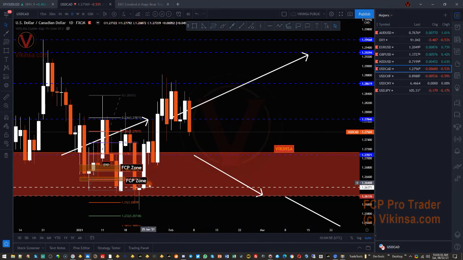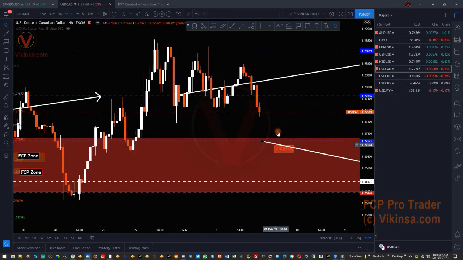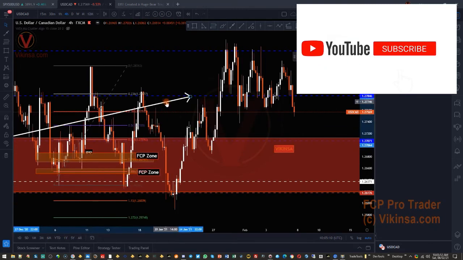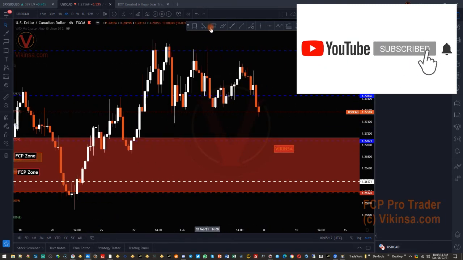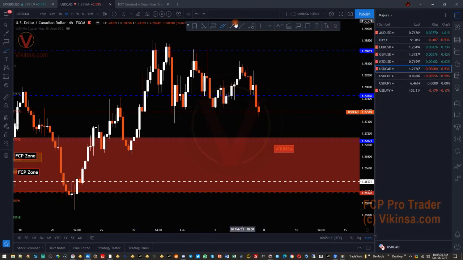Right now what we have is an M pattern forming. That means the market is expected to fall here if it goes through some of these levels. Let's look at what has been going on. I'm going to remove these arrows to avoid any confusion. So where can it come to?